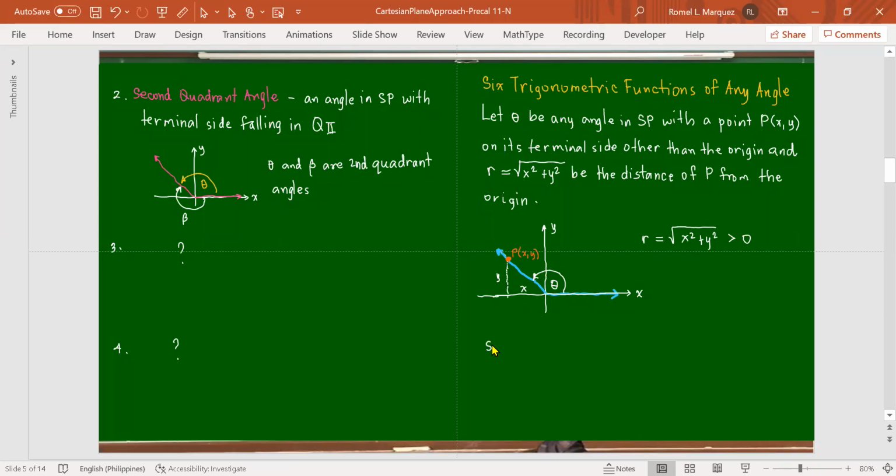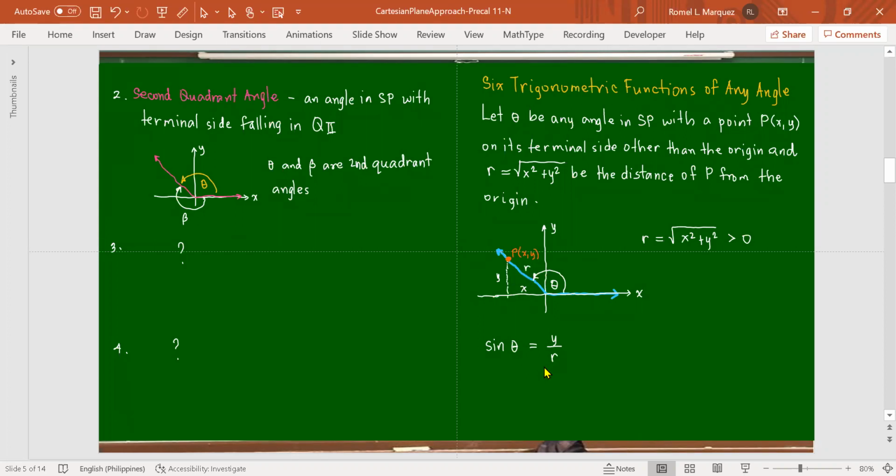Number 1, sine theta. What is sine theta, guys? Y over r. So that is how we define it. Sine theta is y over r, and this is our r.